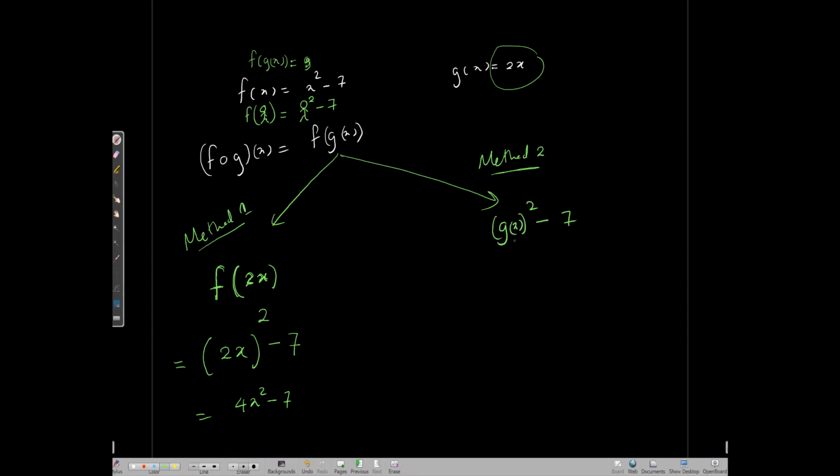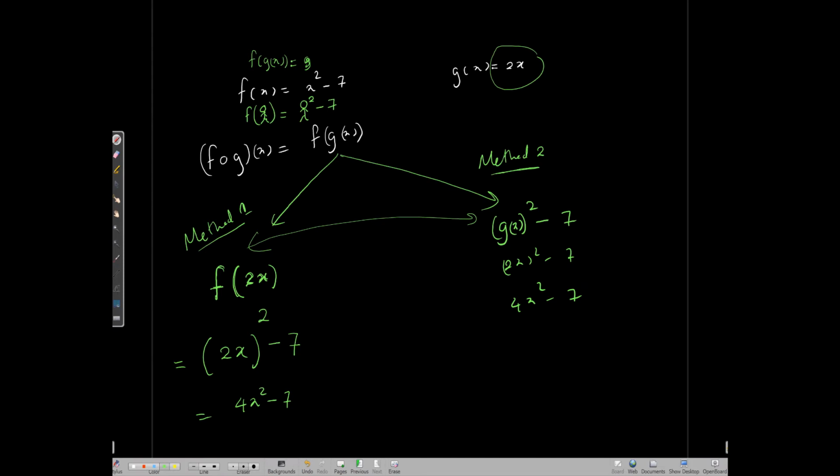And g of x is 2x, so 2x squared minus 7 gives 4x squared minus 7. Ultimately the idea is the same, just a simple difference in the first step. As long as you get the clear idea, it doesn't matter which way you do it.